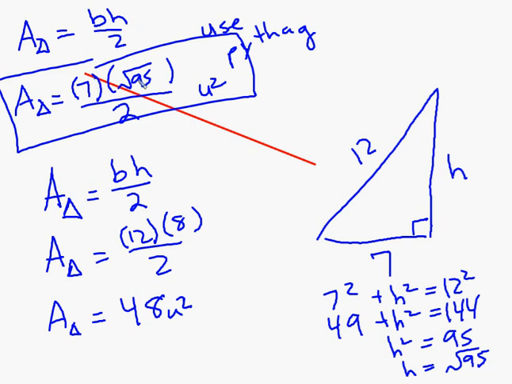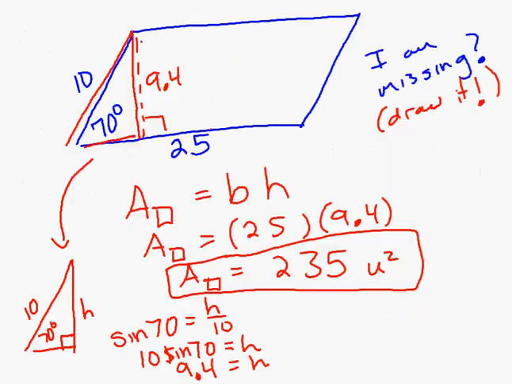Yes. I replaced height with root 95 because I figured that out, right? I got confused on the Pythag. You were going so fast that I mixed up my numbers. So this is my hypotenuse. Yes. This is one of my legs. Yes. This is my other leg. Yeah, I mixed up my numbers. And then we've done Pythag, that's why I went fast on that. We've done that several times. You even had it written up there. Okay, yeah, I mixed up my numbers.